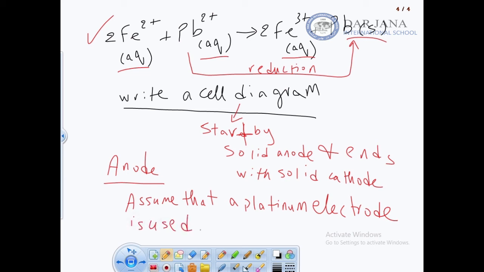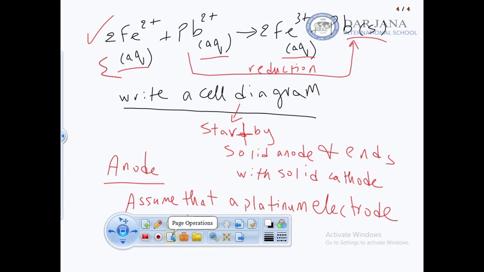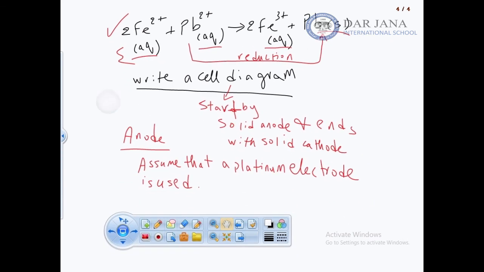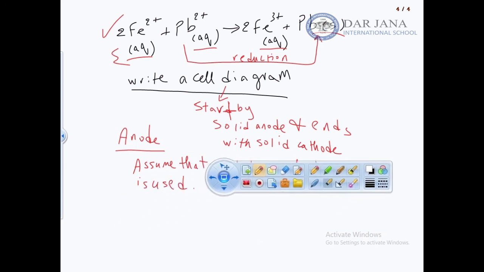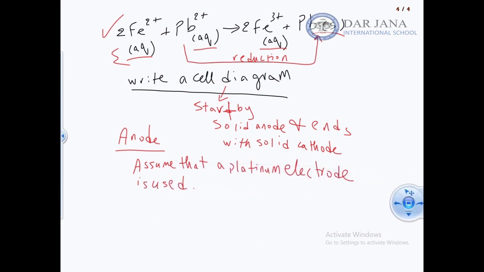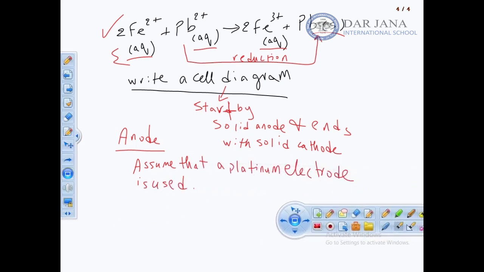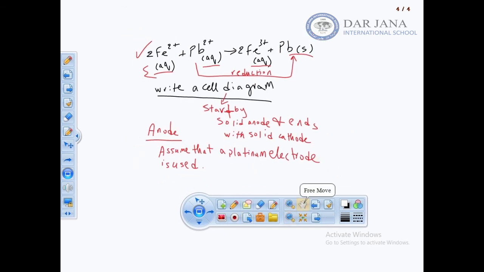So when we don't have a solid, we use a platinum electrode to make a surface for the galvanic cell reaction to take place. So in this case, if we want to write the cell diagram, we can write it like this.